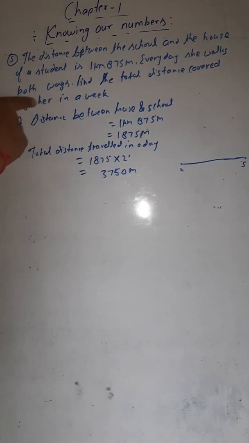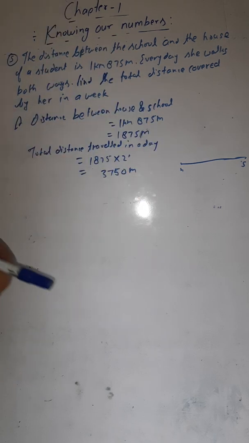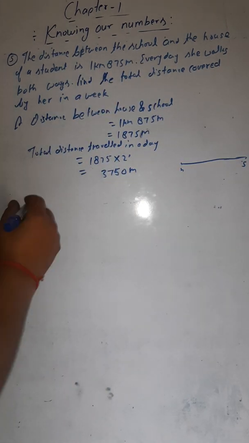So now you have to find out how much distance she will cover in a week. In a week means in 7 days. In 1 day this much distance she is covering, so in 7 days how much distance will she cover? You are going to multiply this by 7.